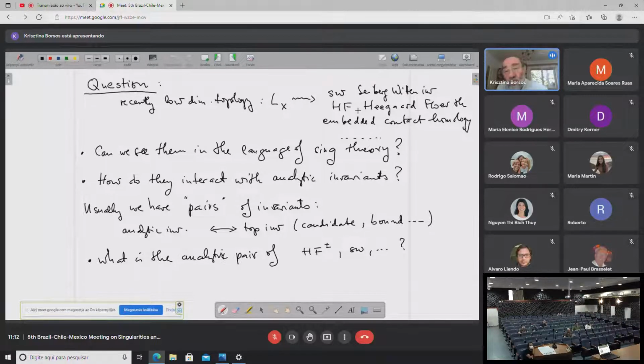So there is a new series, the Heegaard Floer homology associated with the three-manifold, or the embedded contact homology, or there are some other versions of this homology series associated with three-manifolds.